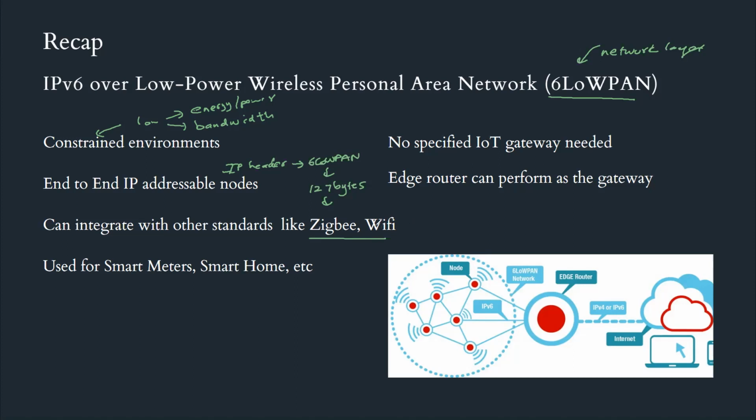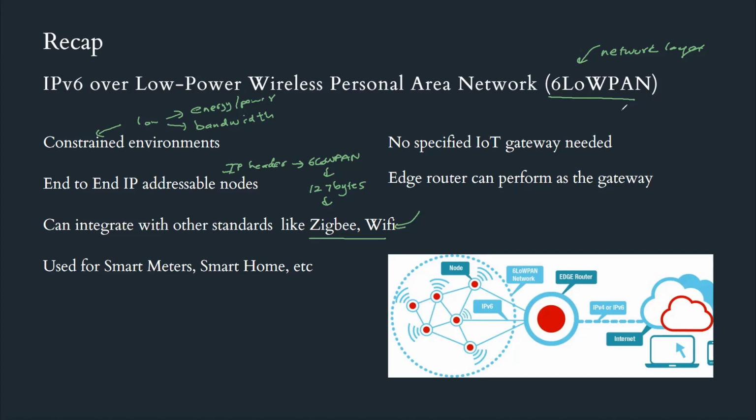So it can work on top of the available physical layer protocols, and it can function in the network layer. So it can adapt with many physical layer protocols that are available, and it can customize the network layer performance.